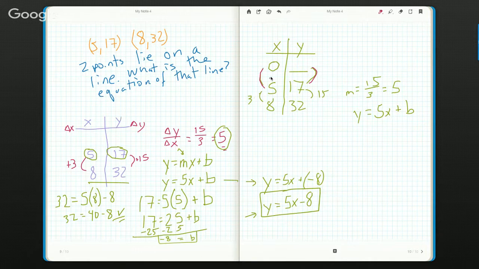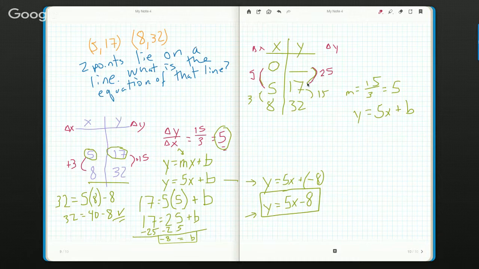Our delta x between these 2 points would be 5. And if our delta y over our delta x must be equal to 5, then our delta y must be 25. That makes sense because 15 over 3 is 5, and 25 over 5 is 5. So this would have to be a difference of 25 to make this true.